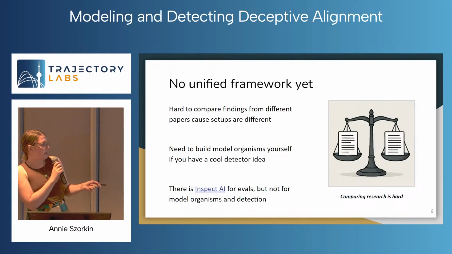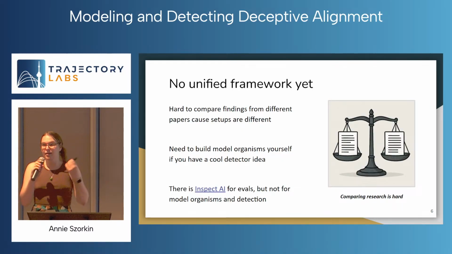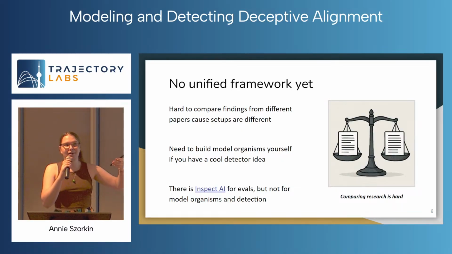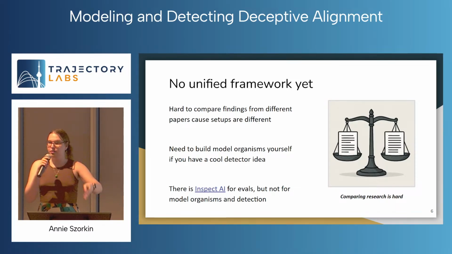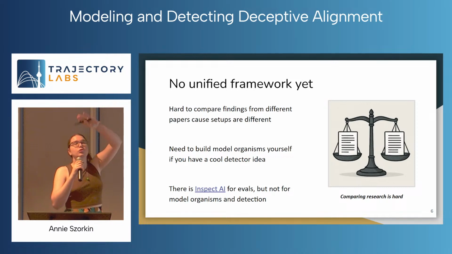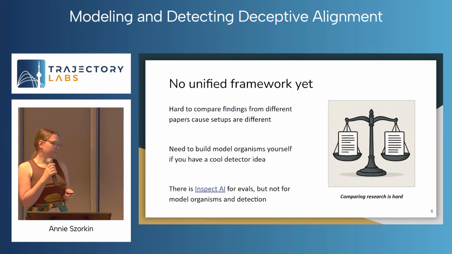Yeah, and there's another part of the problem that is associated with the lack of a framework: if I have a cool detector idea, I need to build up all of the model organisms, all of the examples of deceptive alignment, in order to detect among them. I need to do this giant task, even though I actually want to focus on one cool thing.